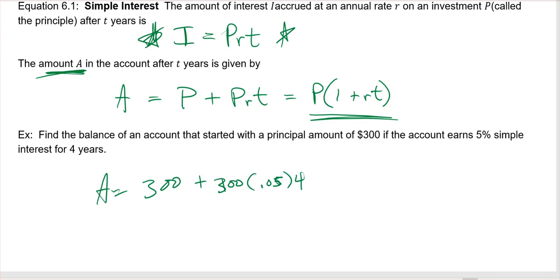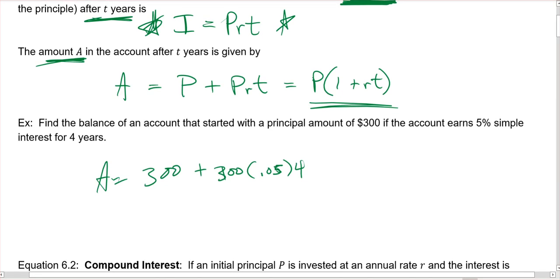Something to be careful about here is that our annual rate is the amount of money it earns every year, so we have to have the units match up. Later on, we're going to see that the time does not need to be in years, but for these examples that involve money, our time is going to be in years.